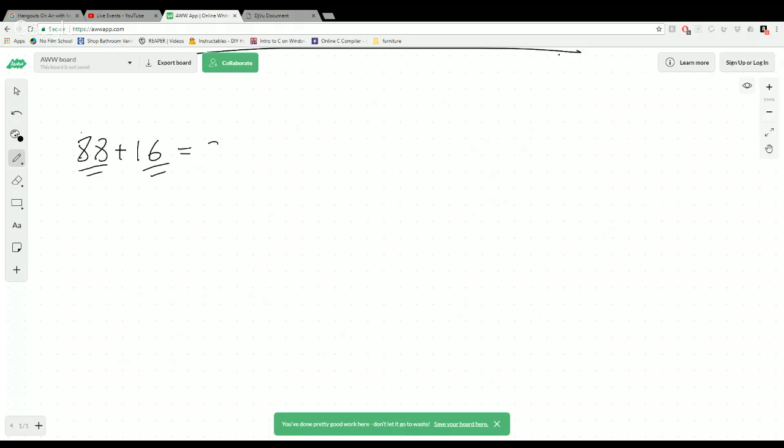So what multiple of 8 is 88? 11. What multiple of 8 is 16? 2. Do I see the common part in both groups? Sure, it's the 8, right? Let me pull it out. There it is. Times. Now we have our parentheses. What is left in this first group when I take out the 8? The 11.